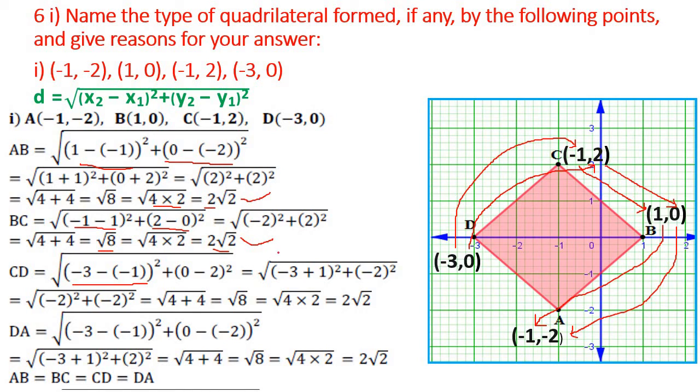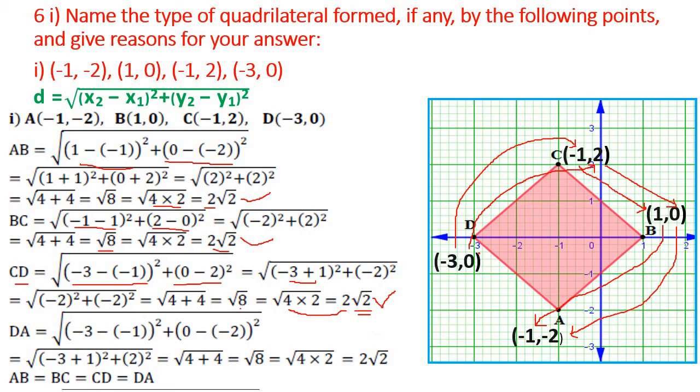Minus 3 plus 1 is minus 2 square plus minus 2 square. 2 square is 4, 4 plus 4 is 8, which is root 8. Root 8 can be written as root of 4 into 2, and square root of 4 is 2. So this is 2 root 2, which is the length of CD.